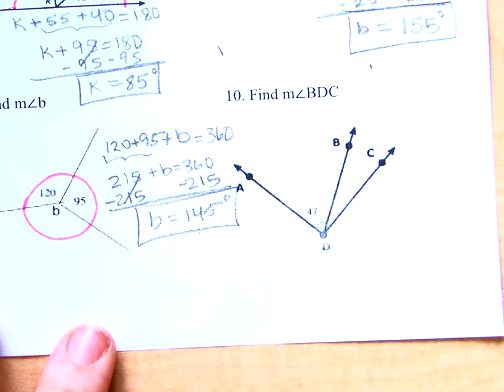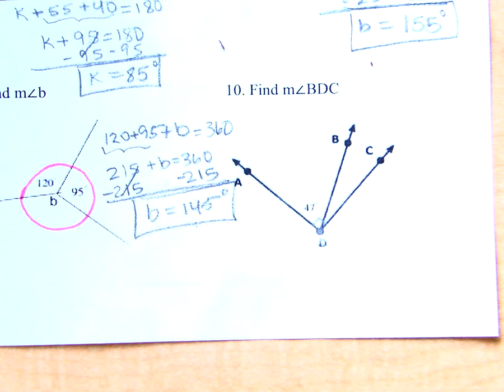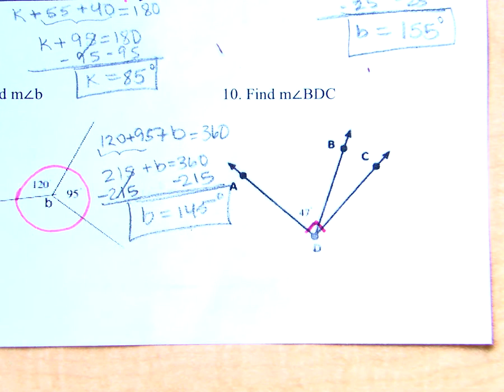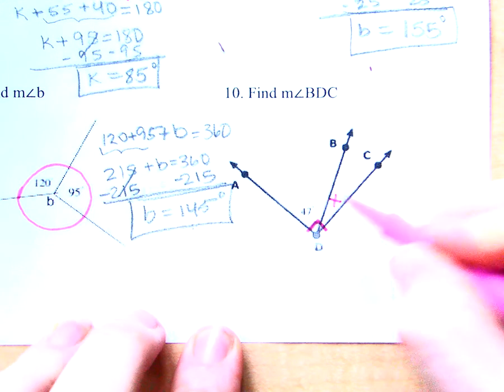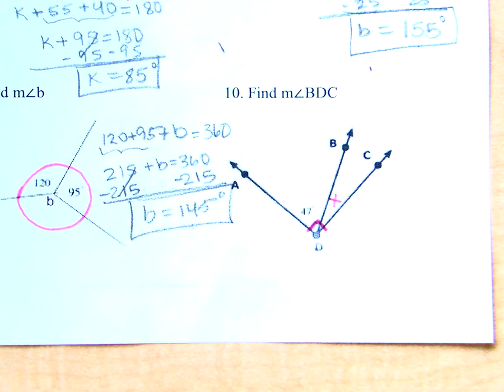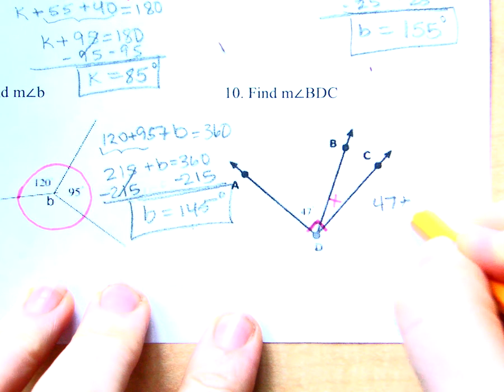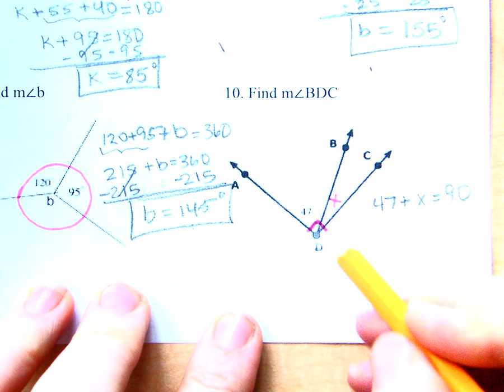Number 10, it says, what is the measure of BDC? So you need to notice this right here. That tells me 90, right? So I don't know BDC, so I'm going to put an X in there because that's the one I'm looking for. And I know that 47 combined with X has to give me 90 because of that mark.